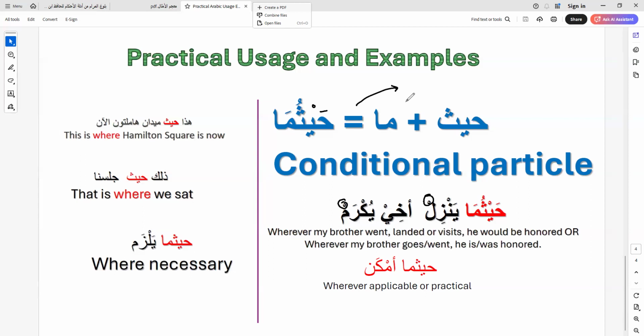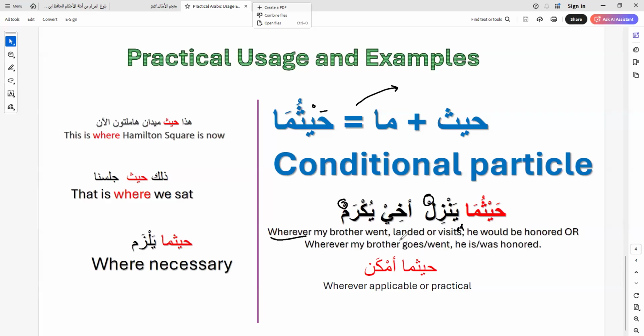It can make two fi'l al-mudari, or progressive verbs, sukun at the end. So you use it to create a condition. Here it means wherever. حيثما ينزل أخي يكرم, wherever my brother goes or went, he is or was honored.